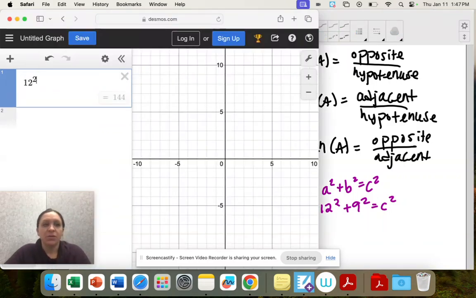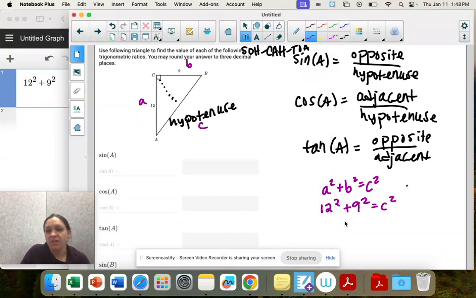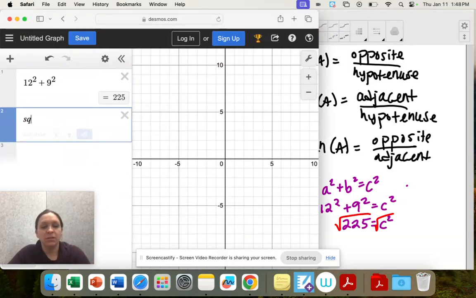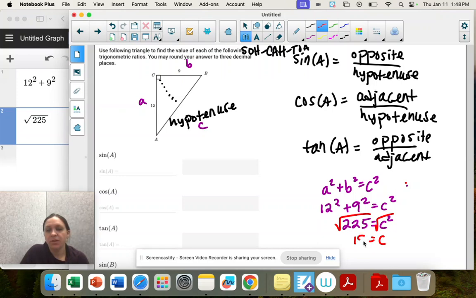So 12 squared plus 9 squared is 225. And then to get c, we have to take the square root on both sides. So the square root of 225 is 15. Okay, so this side length is 15.